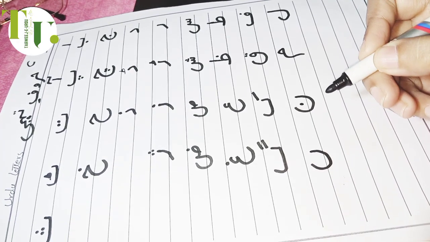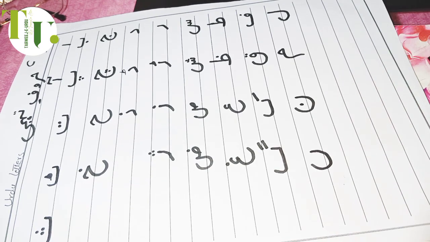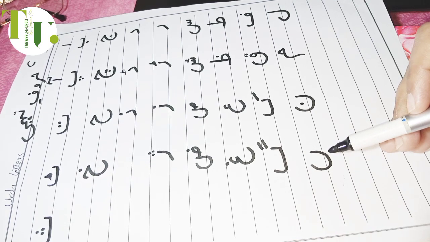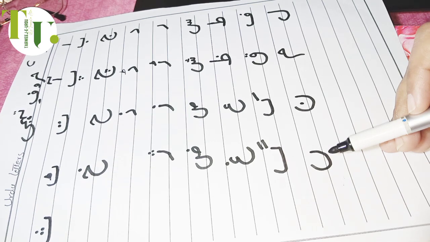Maybe in other Urdu PDFs or notebooks or any other tutorials or any other teacher, if you're learning, maybe they are skipping noon because they say that it has no sound and it's not considered a letter.